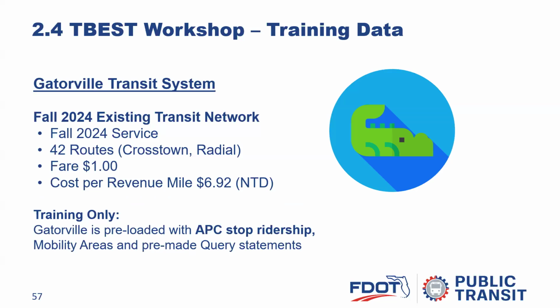When you import your GTFS, it will bring in the ridership data with it. And then you can use it inside of TBEST for many different things. So we'll be looking at what that looks like using the APC stop ridership data inside of TBEST, along with all the other functions and features.